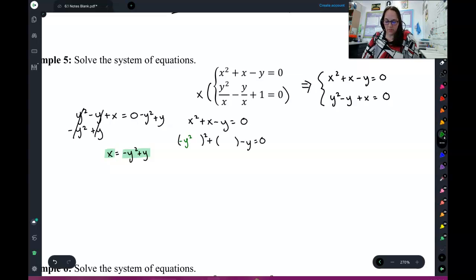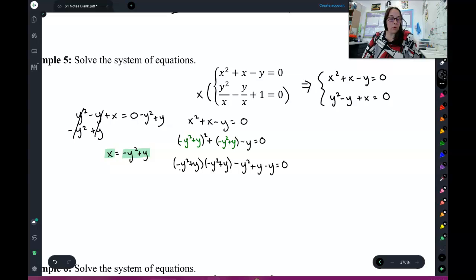So negative y squared plus y. This is squared, so I need to FOIL that out. This is just adding, so I don't need the parentheses there.